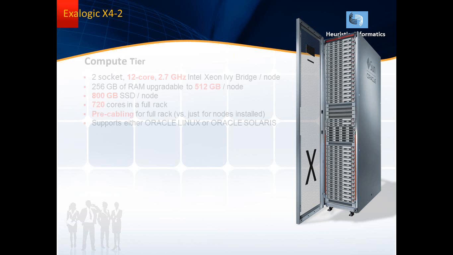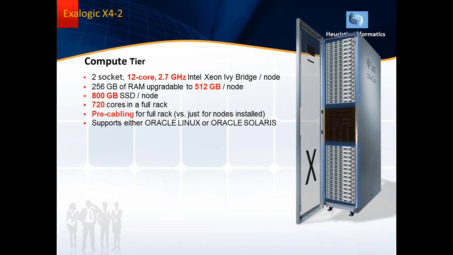This is the compute tier. Compute tier means the compute node, which is like a standalone physical server. We have two sockets, and each compute node has two Intel Xeon Ivy Bridge processors.